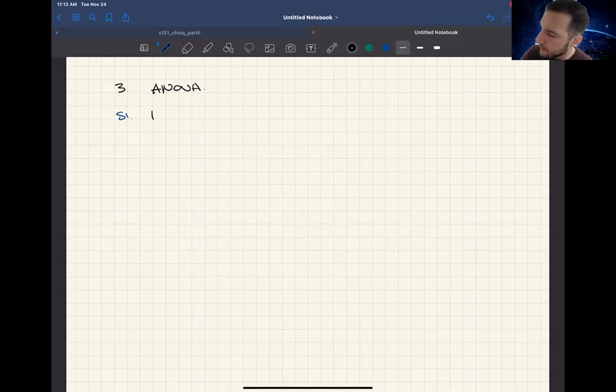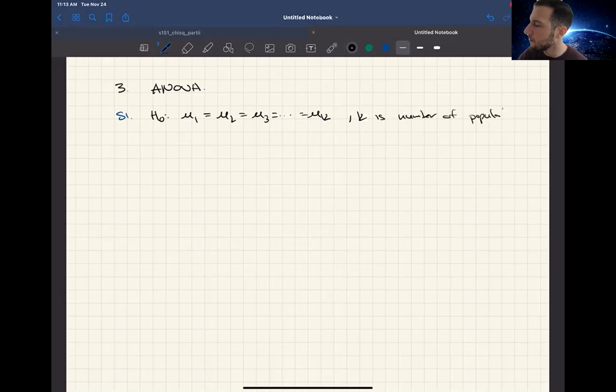Basically, what the ANOVA asks is: is there evidence that mu1 equals mu2 equals mu3 equals mu k, where k is the number of populations?